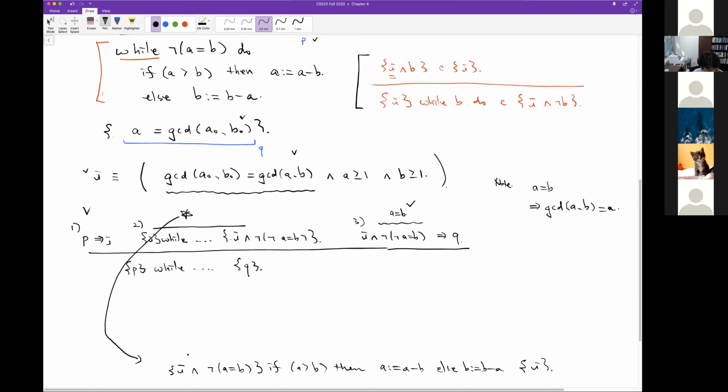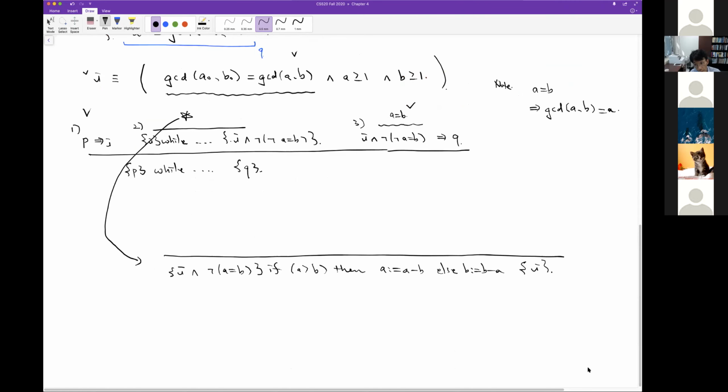Now, another thing we learned last time is the proof for if then else. If you want to prove something about if then else, you have to prove something about the true branch and the false branch. When you prove something about the true branch, we can assume that the condition of the if then else is true.